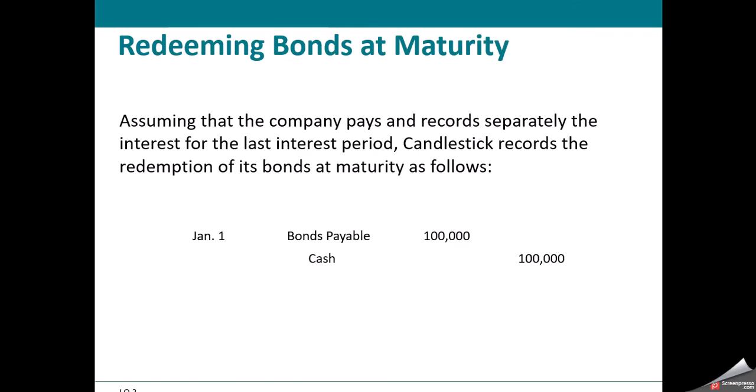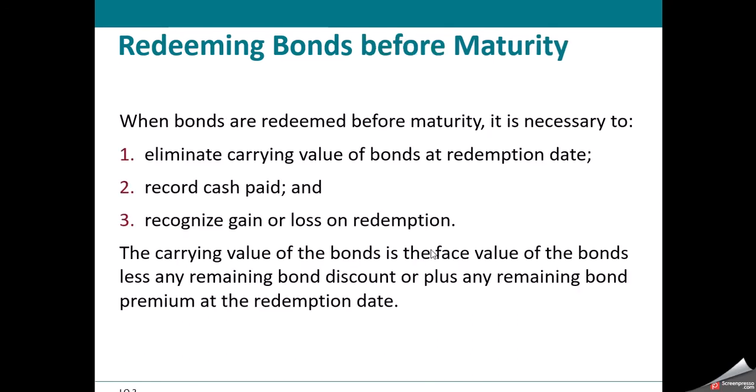So here we're saying once the bonds reach the 2039 year that they're due and they mature, the company's going to pay them. So they're going to release the bonds payable at $100,000 and then credit cash and pay out the different bondholders their money. There can be times that the bonds are callable. So the company has the ability to call those bonds in before the due date.